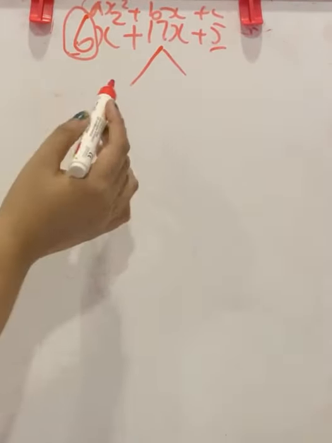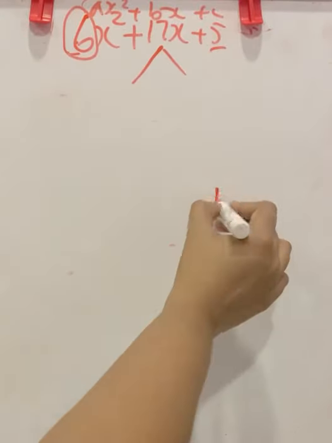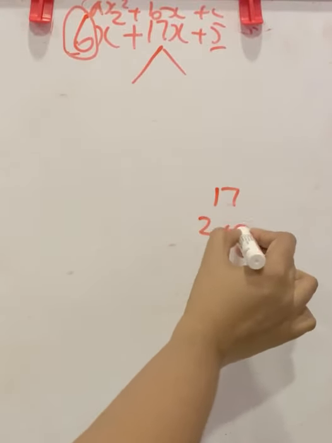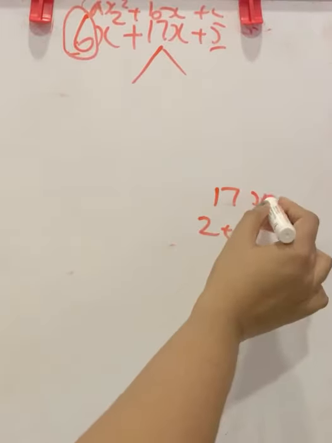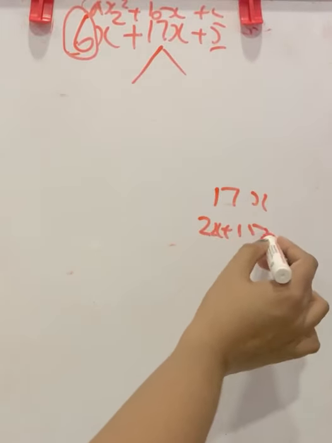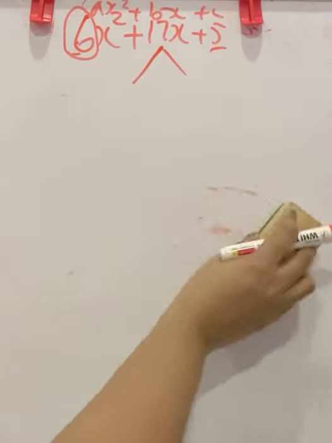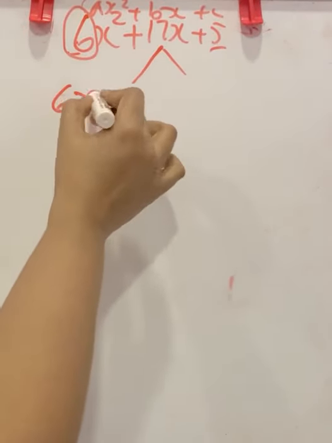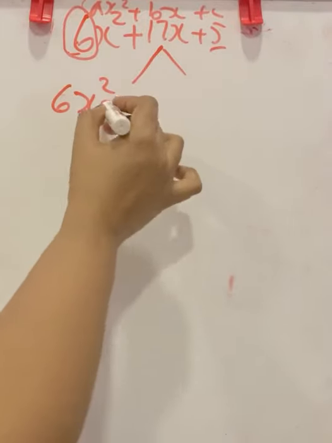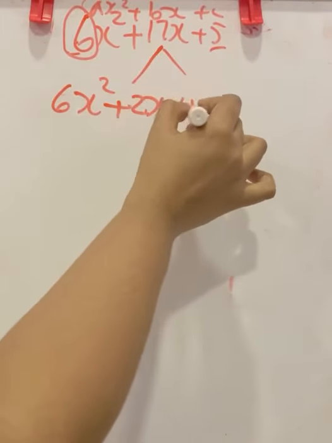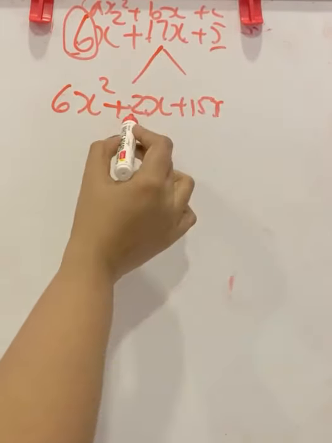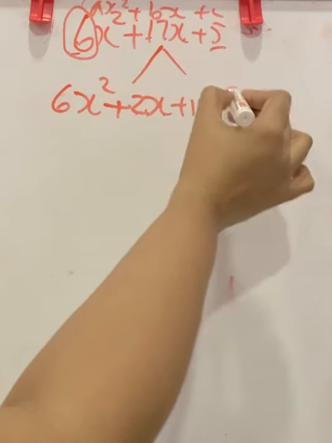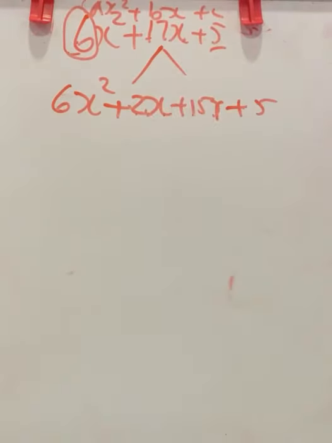Now you split this 17x as 2 plus 15, right? So 17x is split as 2x plus 15x. That is the middle term splitting method. Here 6x square plus 2x plus 15x plus 5, carrying down the last term.